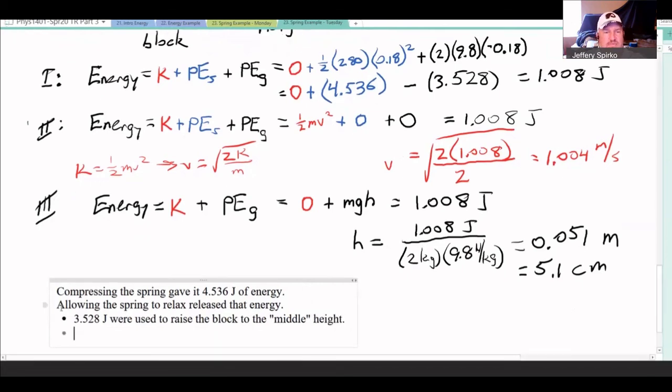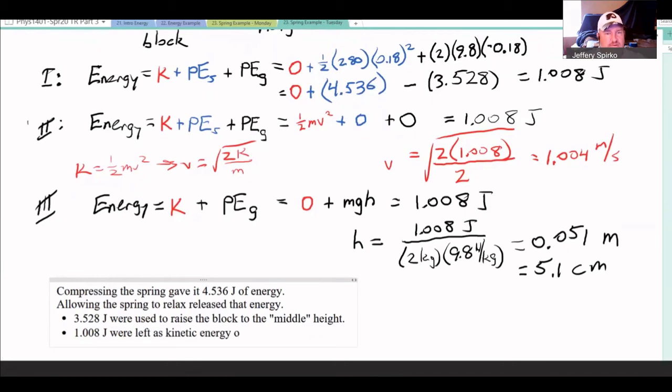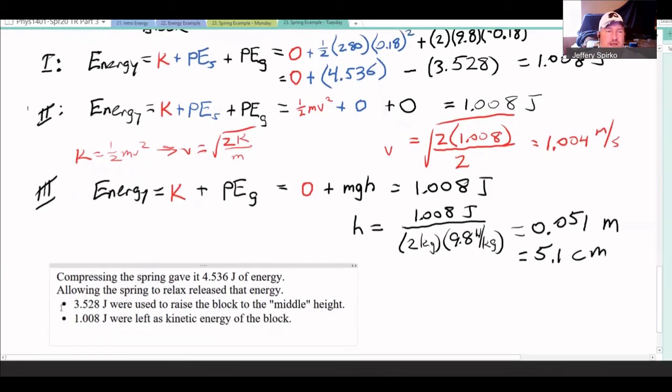And out of that 4.536 joules, 3.528 joules were just used to raise the block, and 1.008 joules were left as kinetic energy of the block.